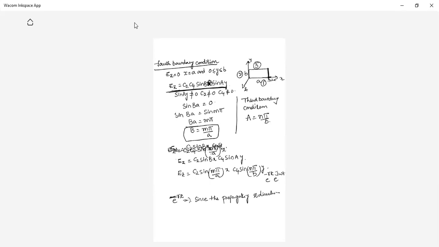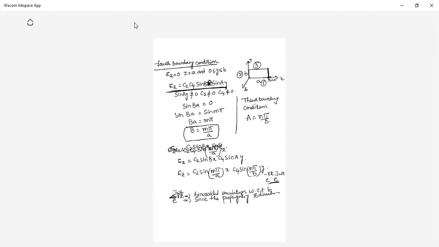To represent positive z direction, we generally use e power of minus gamma z. And e power of j omega t represents that the wave has sinusoidal variation with respect to time.